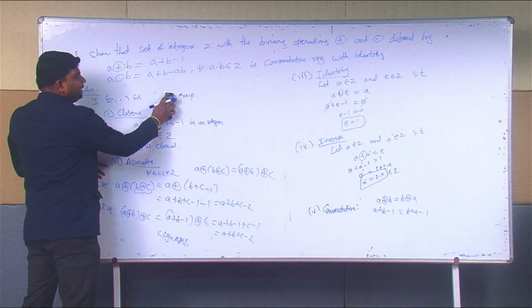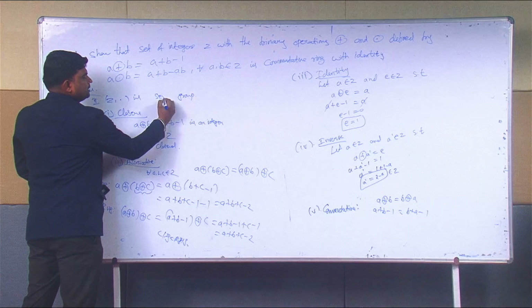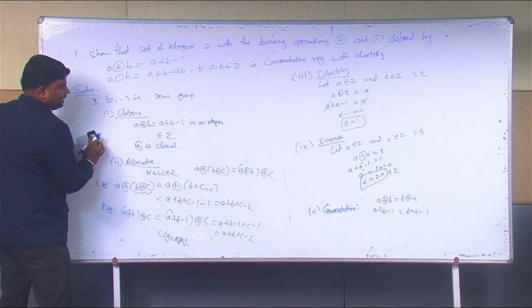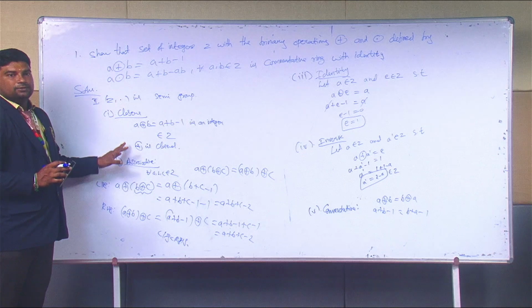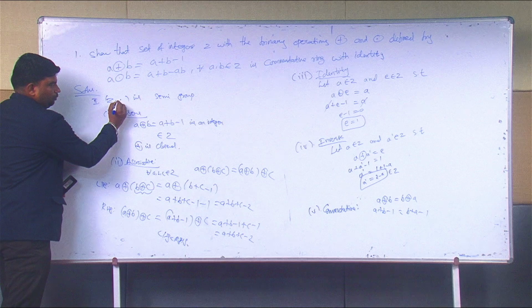Okay. So next I want to show that Z comma dot is a semi group. Z comma dot is a semi group under multiplication modulo. Here I want to verify the two axioms, only closure and associative, under multiplication modulo.